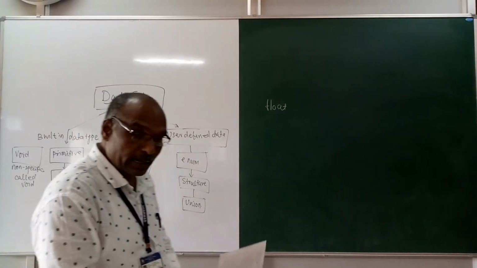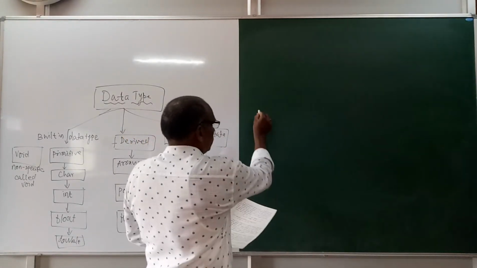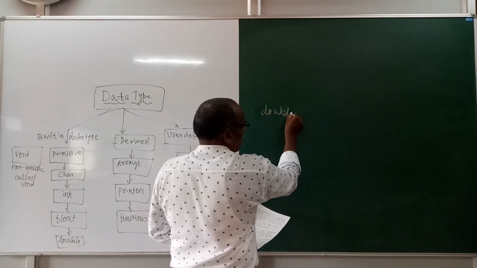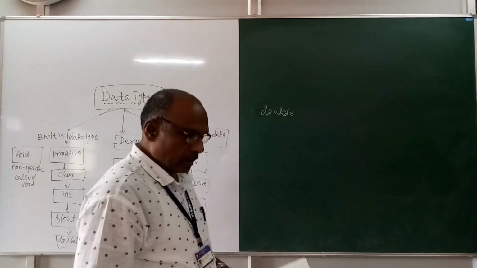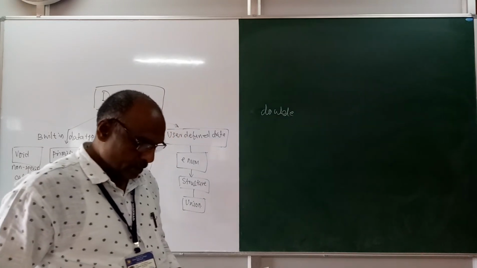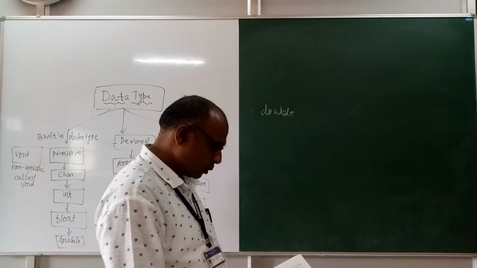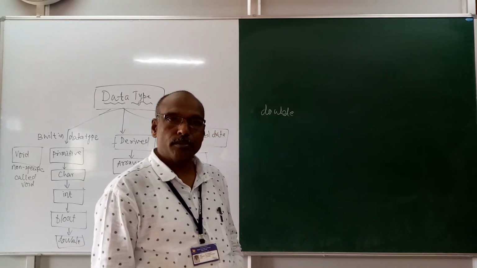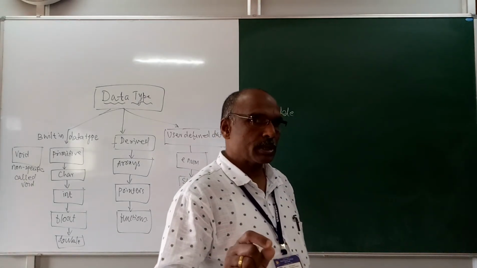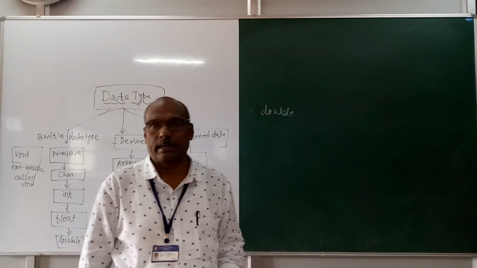Let's go for double. It should be written in lowercase only, double. Again, this is a keyword. Double is the keyword used to indicate double precision of a floating point number. The precision word is associated with the accuracy of the data.